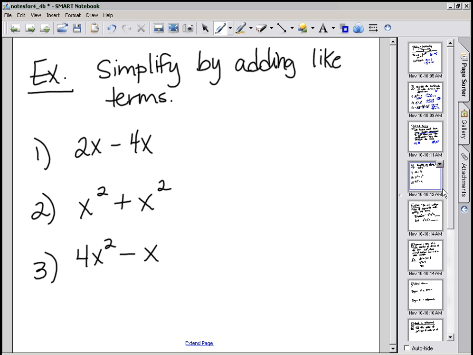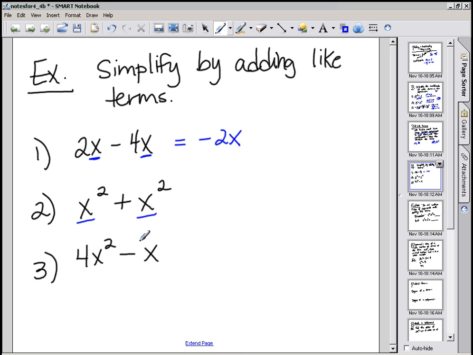So reviewing some exercises like that, if we wanted to combine 2x minus 4x, well, those have the same variable component, so they're like terms, so we just add the 2 and the negative 4, and so that would be a negative 2x. Now x squared plus x squared, those are the same terms, right, like terms.